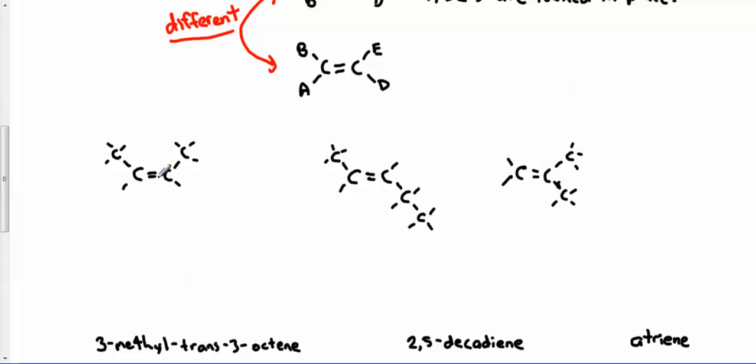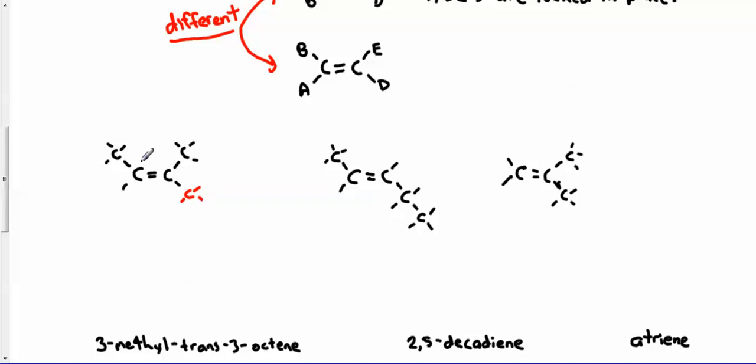Here we have a four carbon chain. We're going to be looking at a butene. It's got a double bond off of number 2. So this is 2-butene, but there's two types of 2-butene. I can have this guy, or I could have 1, 2, 3, I could have this carbon down here.